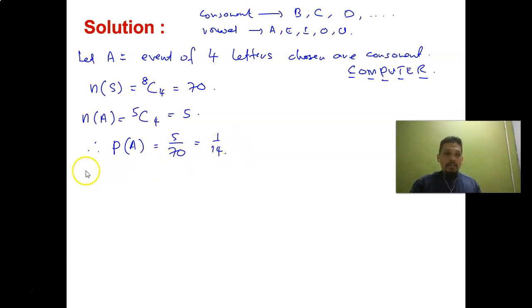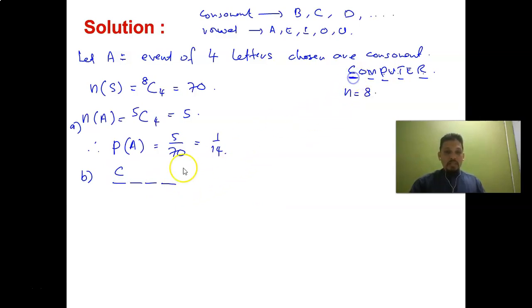Okay. So then, question B, letter C must be chosen. Letter C must be chosen is a must from the word computer: 1, 2, 3, 4, 5, 6, 7, 8. From the number of letters here, which is 8, we would like to choose 4 letters. But the letter C must be chosen. C is a must.